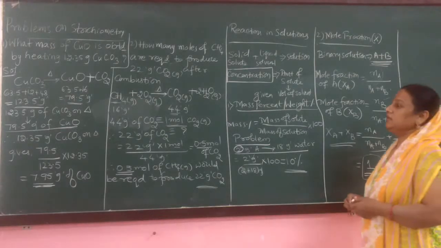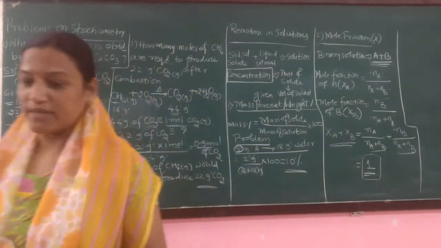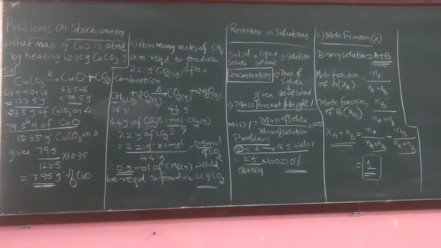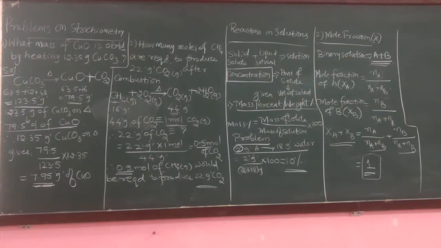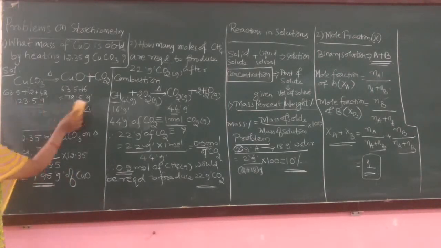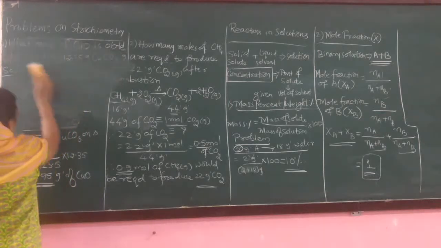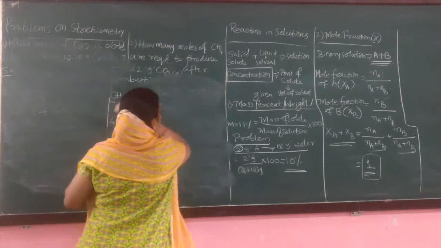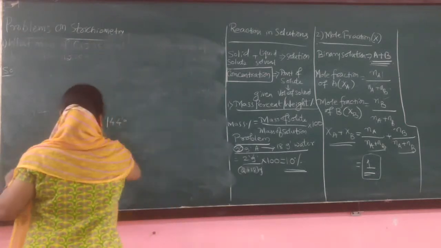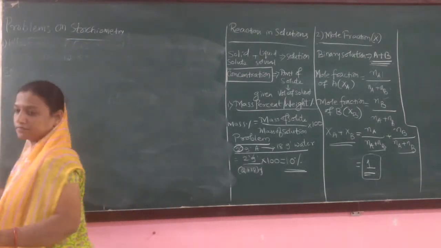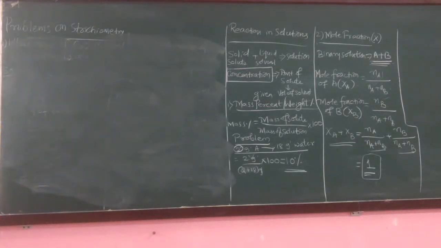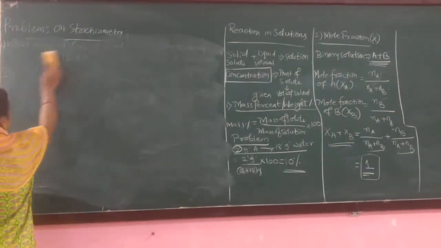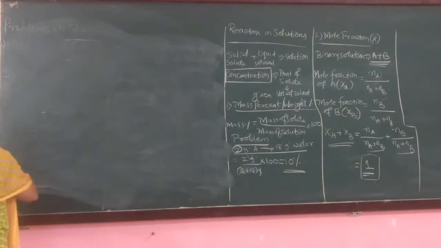Now the third method of expressing the concentration is in terms of molarity. Let us look into the definition of molarity. Molarity is represented by the symbol capital M. Capital M is the symbol used for molarity.